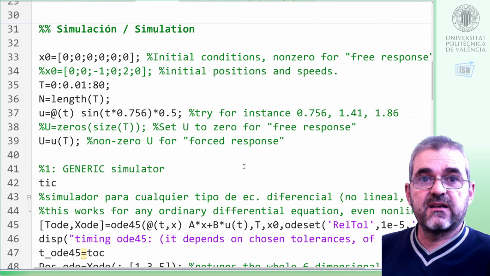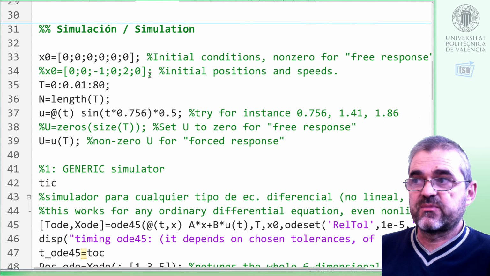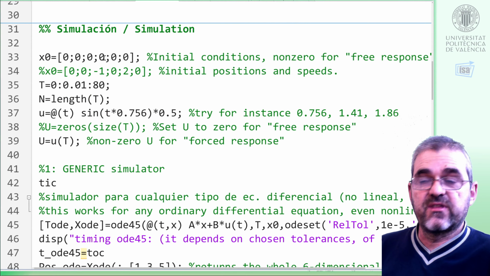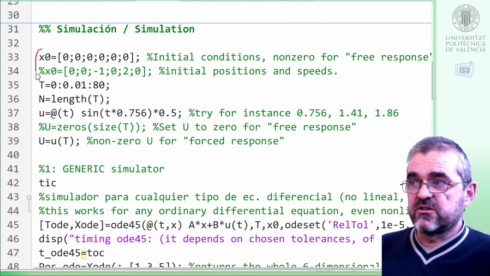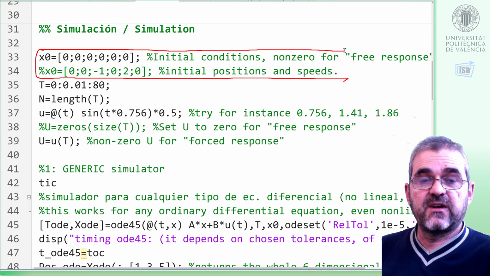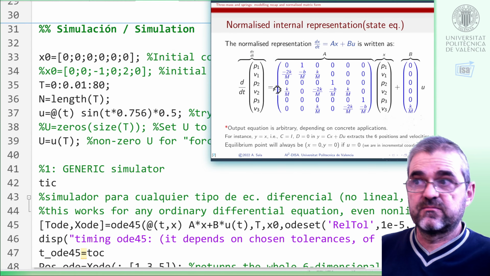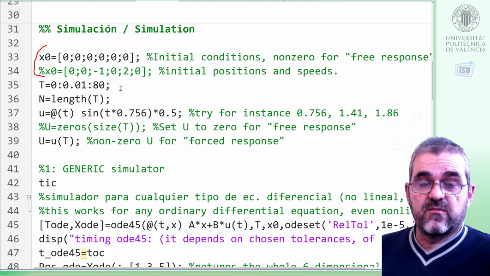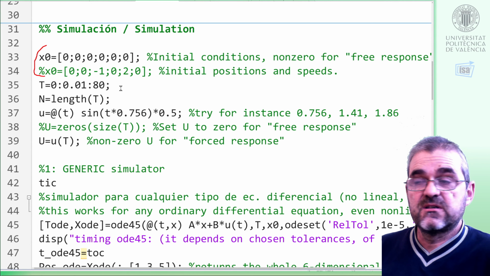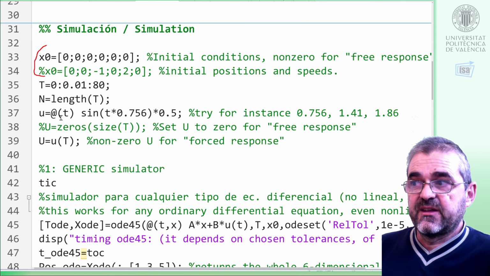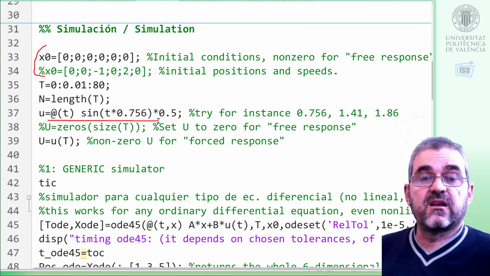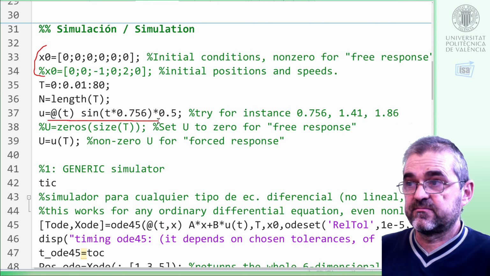So how can any simulation be set up? Well, we need to define 2 things. First, initial conditions. Initial values of positions and speeds, of course in this order. I can set them to any value I wish. If I set them to 0 and I have a non-zero input, then that kind of simulation is called forced response.